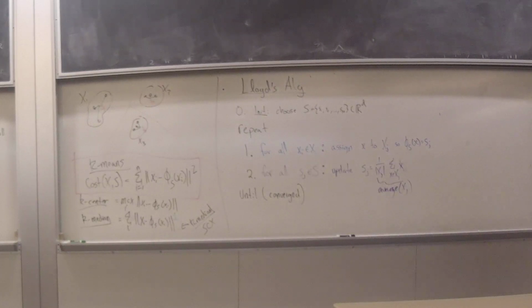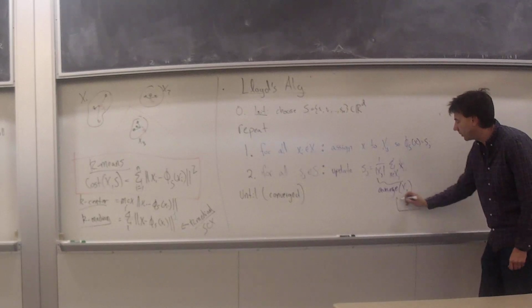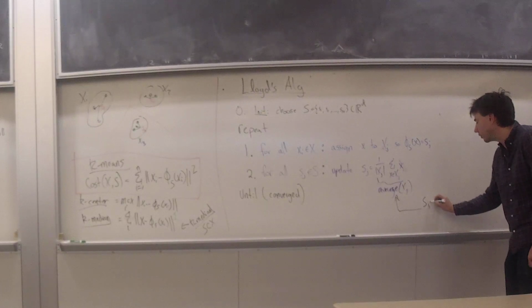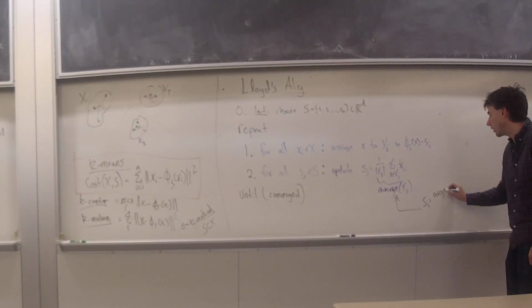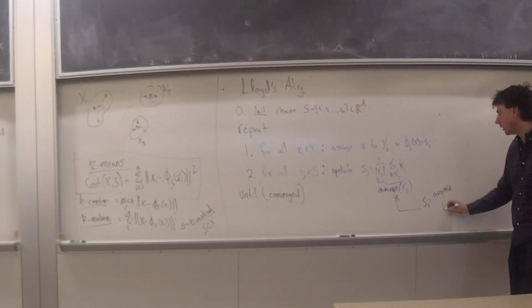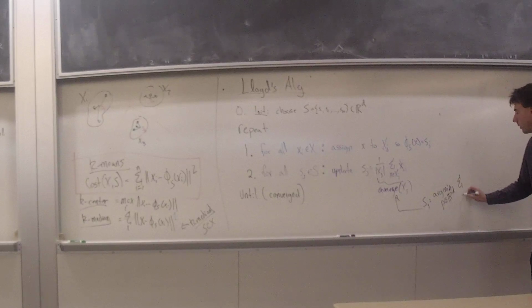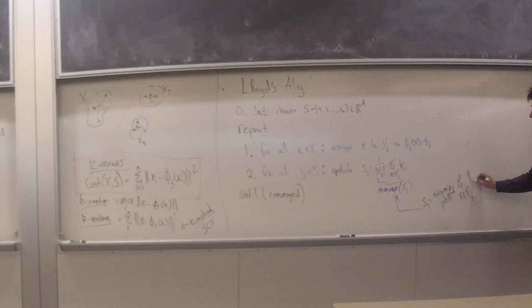Okay, and so the key reason this works is this step sets Sj equal to the arg min. Okay, so this averaging step minimizes the sum of the squared distances.